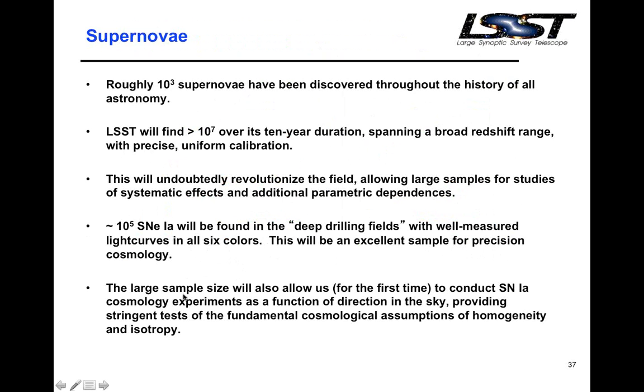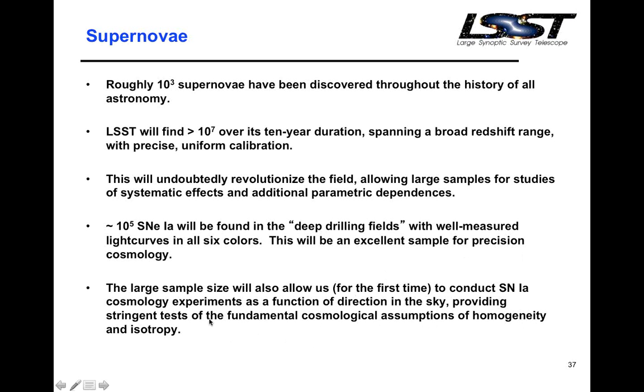And interestingly, the large sample size will allow us for the first time to conduct Hubble diagrams for type Ia supernovae as a function of direction in the sky. Rather than looking at the whole sky, we can choose narrow ranges of sky and still get enough statistics to do the Hubble diagram. And that'll give us stringent tests of the fundamental cosmological assumptions of the homogeneity and isotropy of the universe.